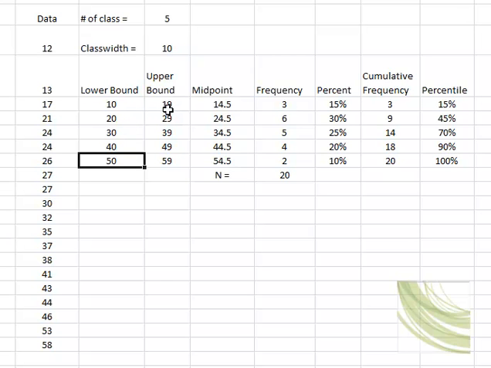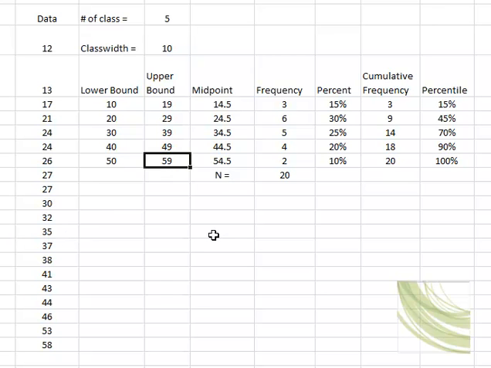The upper bound for the first class is 19 because 20 minus 1 is 19. And then 19 plus 10 is 29. Then 39, 49, 59. So now we have the lower bound and upper bound for each class.